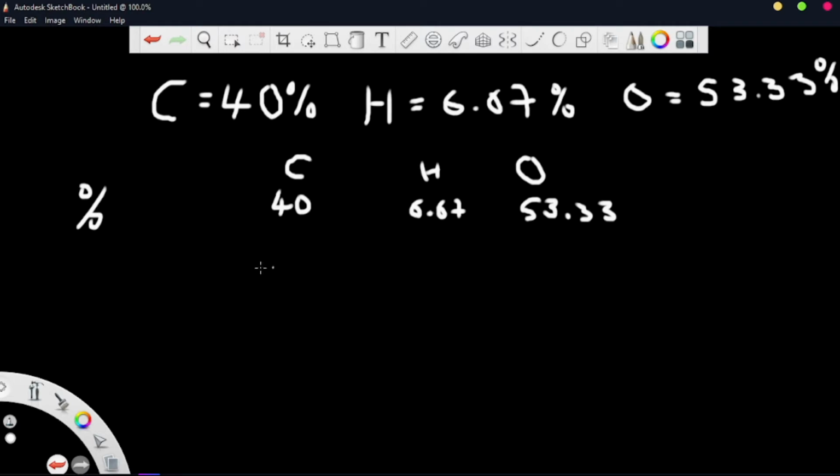Then after you write this, you divide by their molar masses. We know the mass of carbon is 12, the mass of hydrogen is 1, and the mass of oxygen is 16.